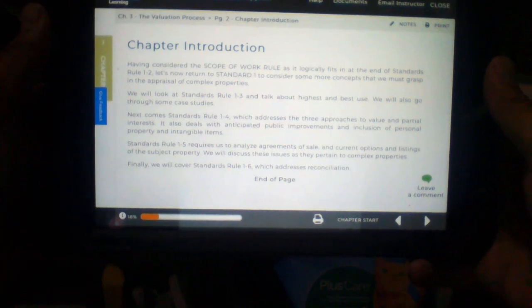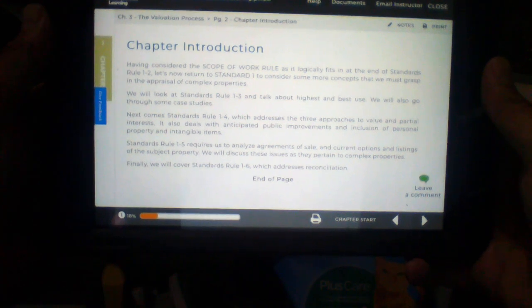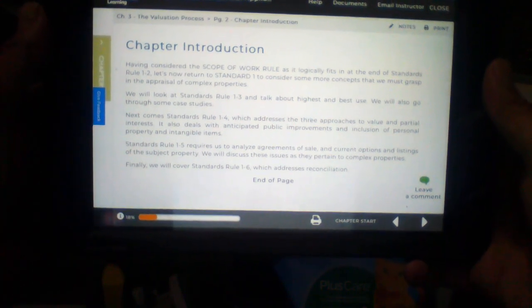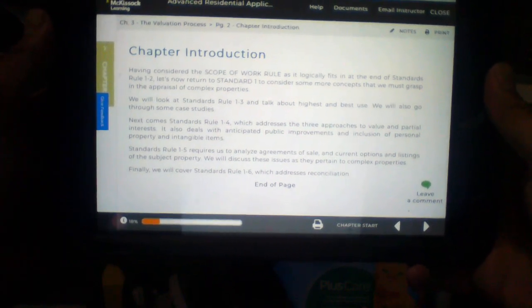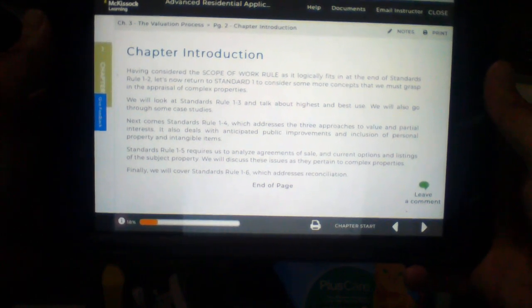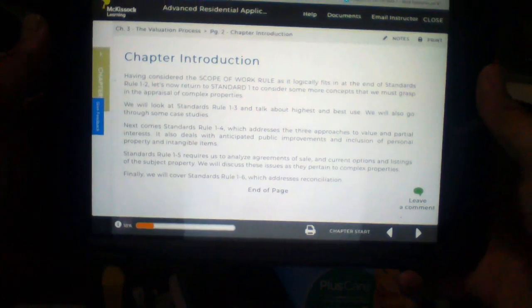Next comes Standards Rule 1-4, which addresses the 3 approaches to value and partial interests. It also deals with anticipated public improvements and inclusion of personal property and intangible items.